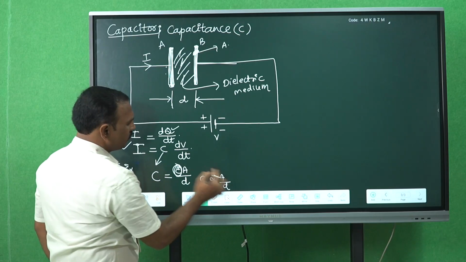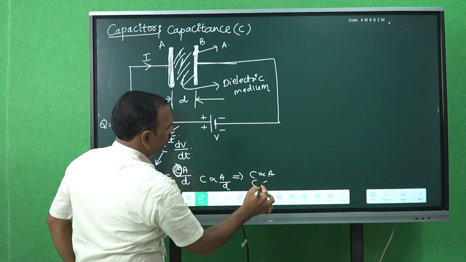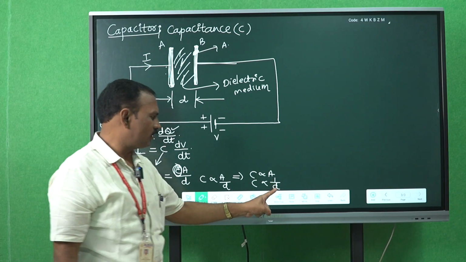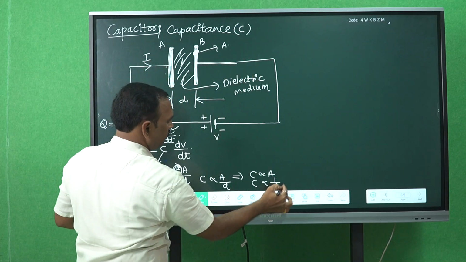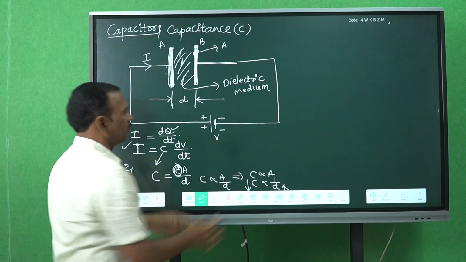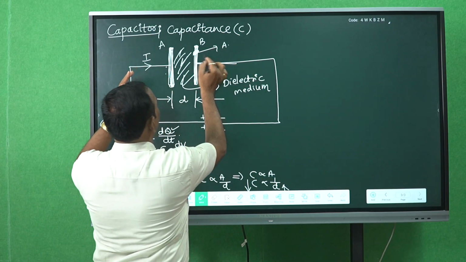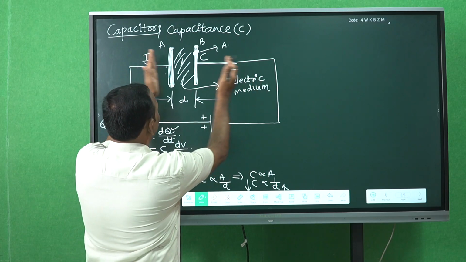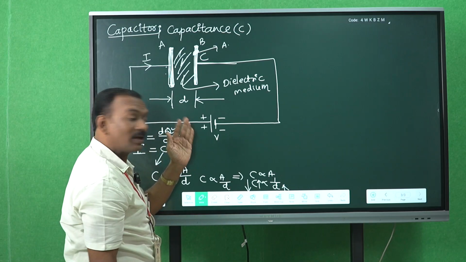So C is proportional to cross-sectional area and inversely proportional to the distance between the plates. If the distance between the plates increases, the capacitance of the capacitor decreases. If the distance between the plates decreases, the capacitance of the capacitor increases.